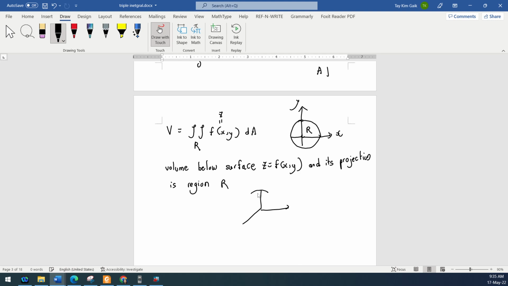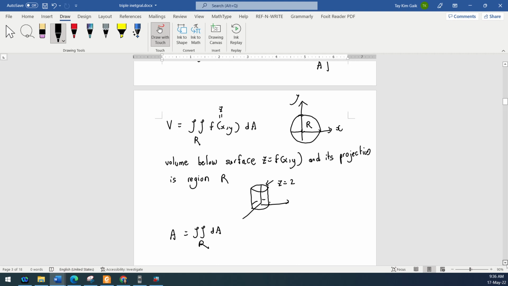For example, use a simple one. Let's say you have a cylinder bounded by z equal to 2, and the projection is on region R, which is on the xy plane. So your region R is here. The area is the double integral of dA over region R. dA can be dy dx or dx dy, or in polar coordinates r dr d theta.